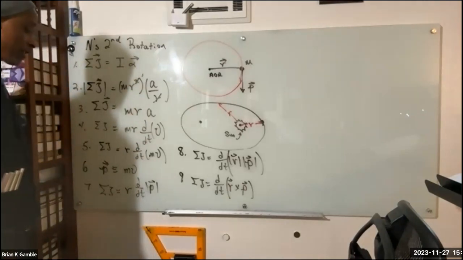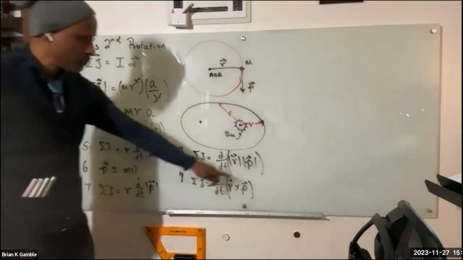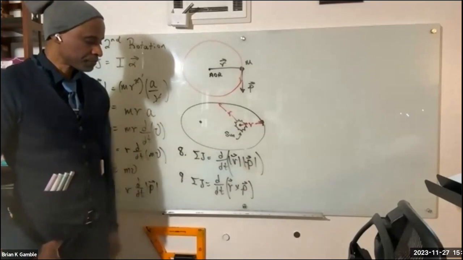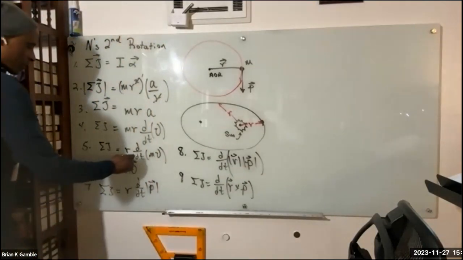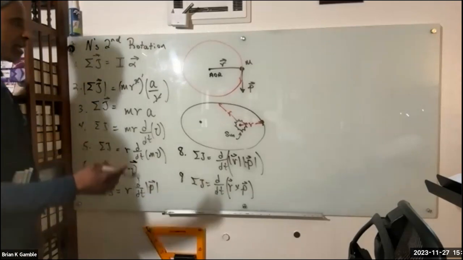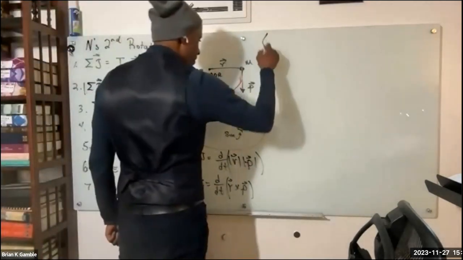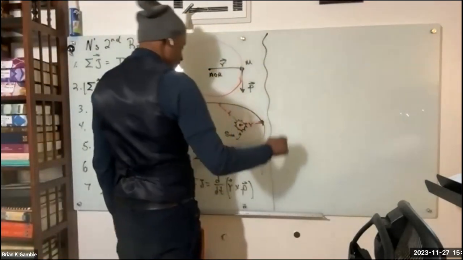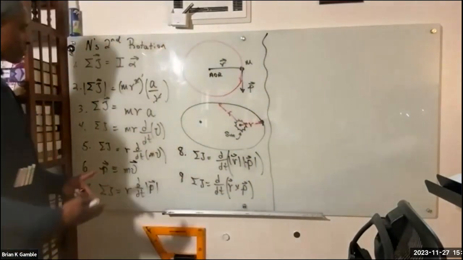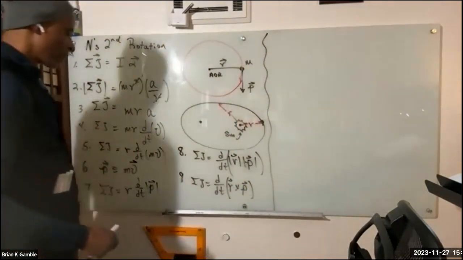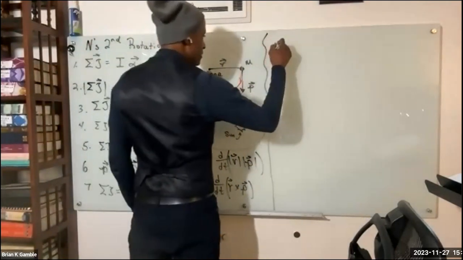And it has a definition. It is defined as the angular momentum. So the P is linear momentum, right? Linear, but the R cross P is angular momentum. And we give it the symbol L, small l for individual particles of the system, capital L for an entire system of particles.